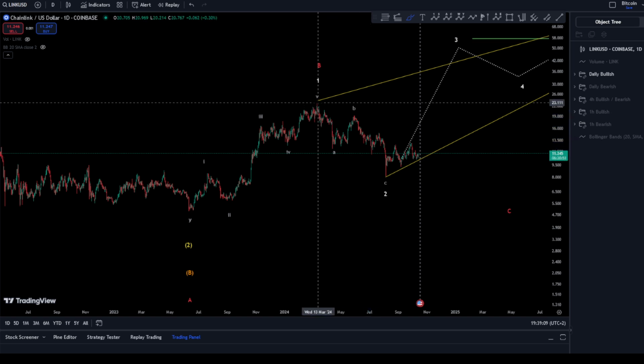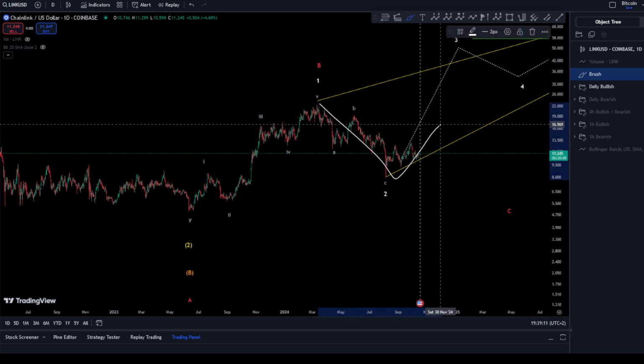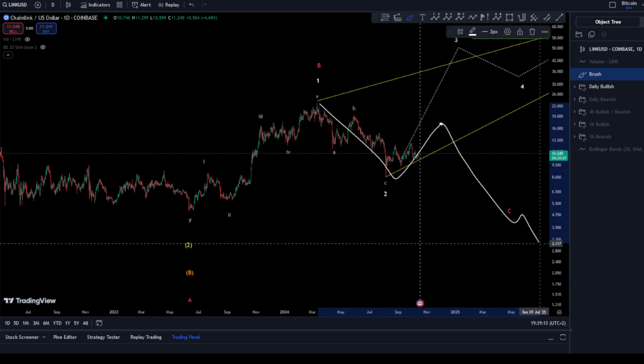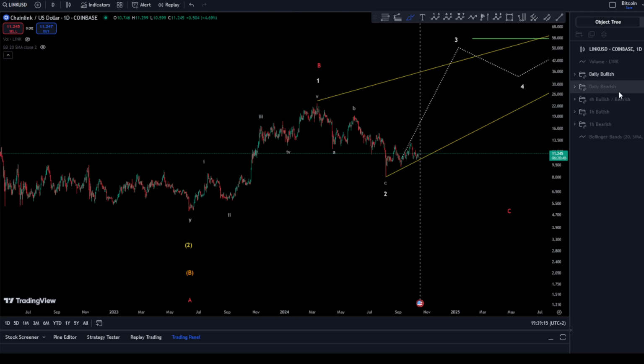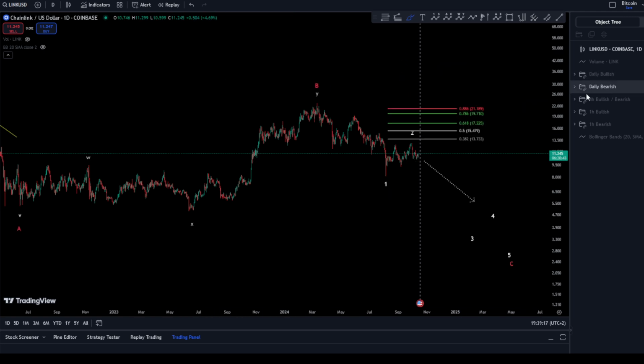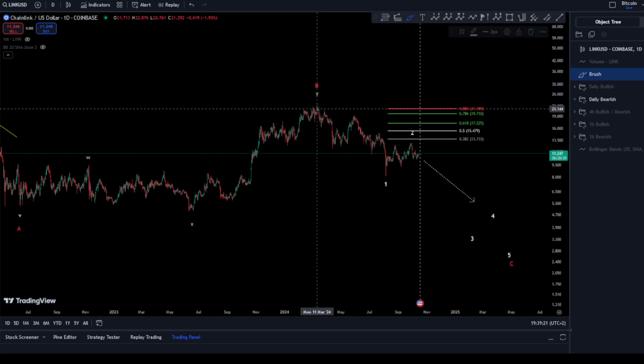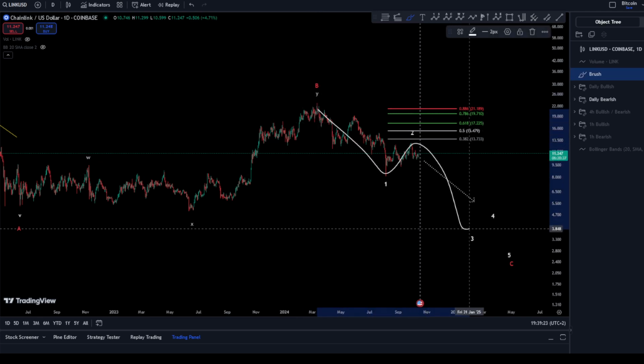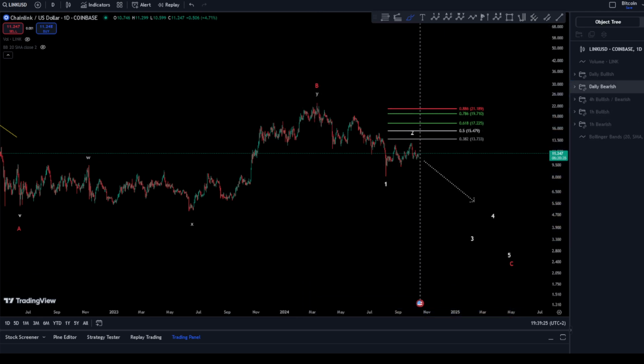Of course, in case you are looking for a wave C, you need a 1, 2, 3, 4, 5, of course, towards the downside. So if we can see it here much more clearly, here we go. You can see here a 1, a 2, and possibly looking for a 3, 4, 5.